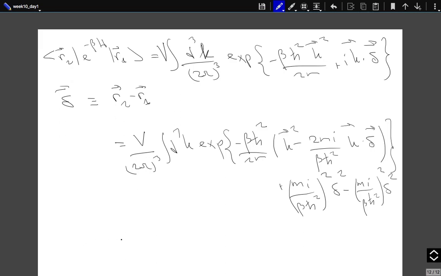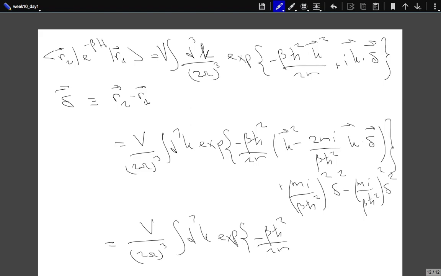Now the matrix element is V over (2 pi) cubed, d cubed k, exponential of minus beta h bar squared over 2m of k minus mi over beta h bar squared delta, all of this squared.